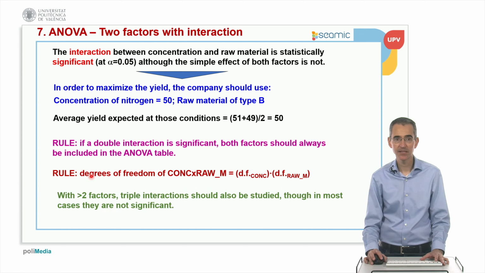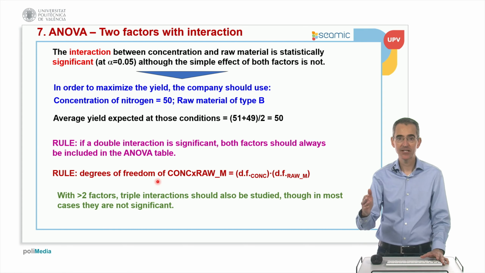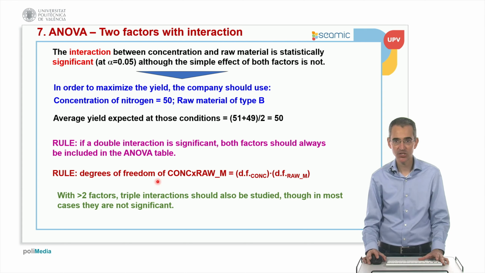What happens if we have more than 2 factors, okay? So then we can also study triple interactions, okay? So imagine that we have factor A, B, and C. So we could study the double interaction between A and B, the double interaction between B and C, and between A and C, but also the triple interaction.